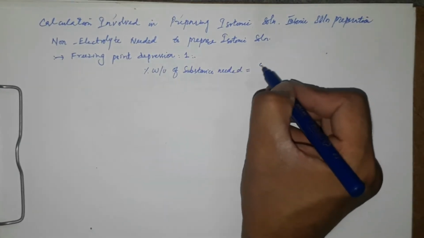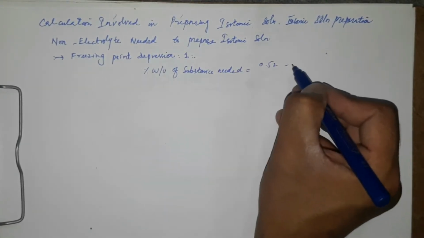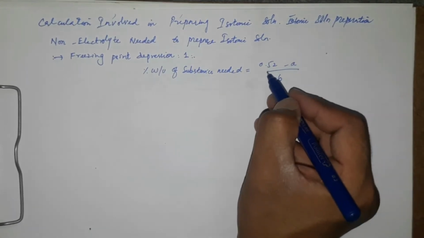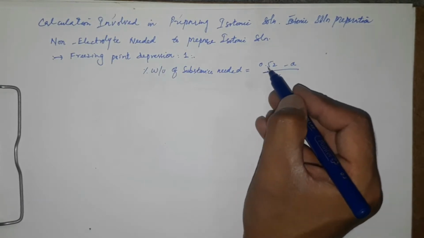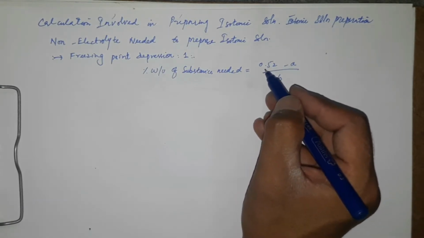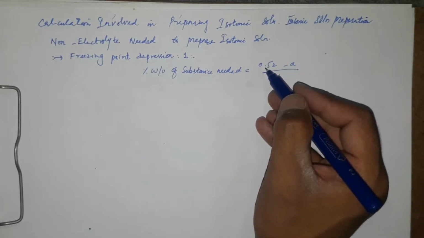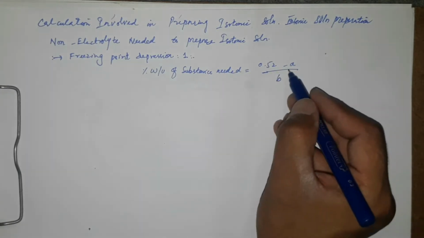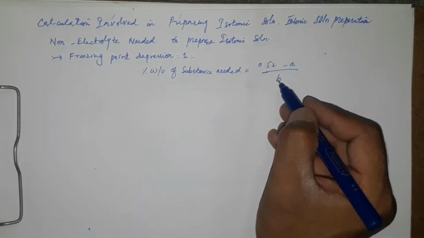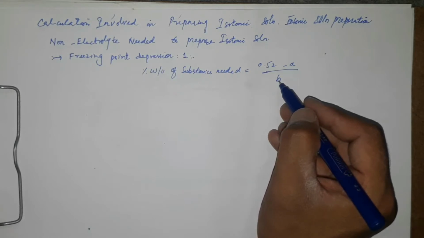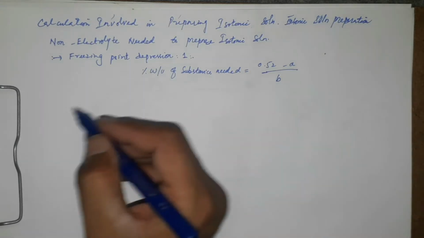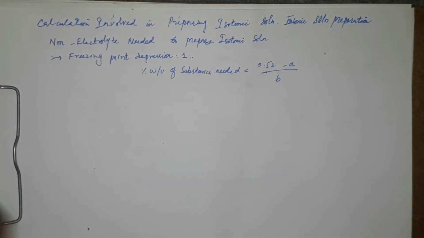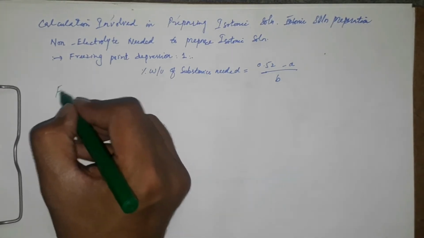It was equal to 0.52 minus A divided by B. This 0.52 was the freezing point of lacrimal secretion, A was the freezing point of unadjusted solution, and B was the freezing point of adjusting solution.